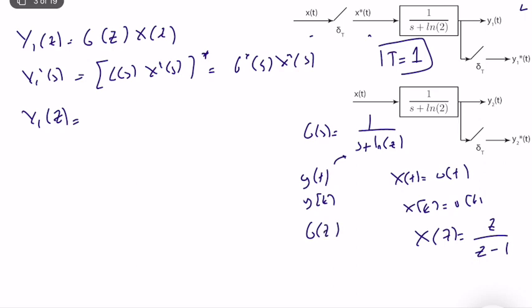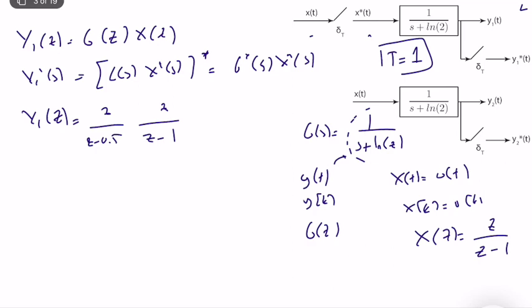In the Laplace tables, in the textbook and the one on my website, there are shortcuts for transforming directly from an S domain expression to a Z domain expression. And we can easily see that this is z over z minus 1, and this is equal to z over z minus 0.5.